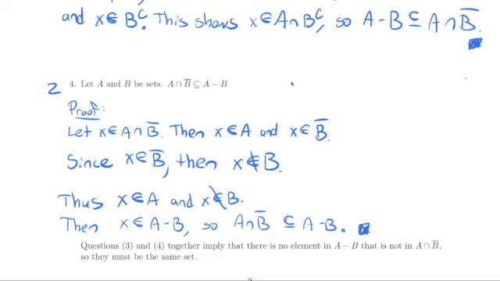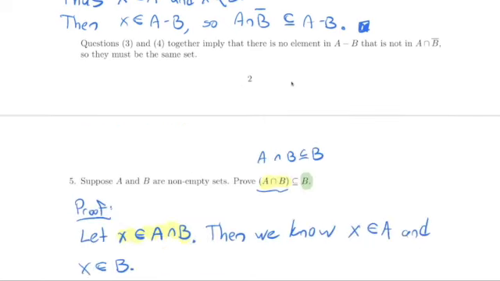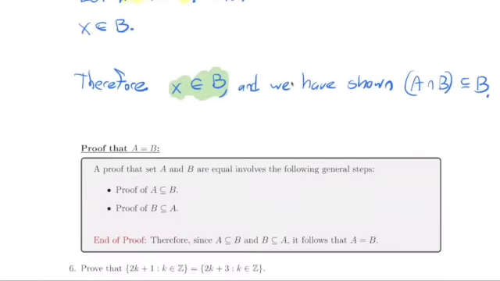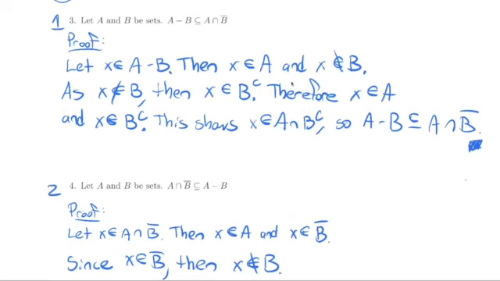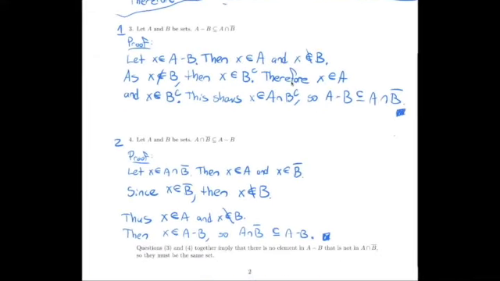Okay. Yeah. So just to see where we're going for next time, we're going to work with how we prove that two sets are equal. To do that, we're going to need to prove two things: A is a subset of B, and then B is a subset of A. So we need to show that they're both subsets of each other. And that's what we did in questions 3 and 4.